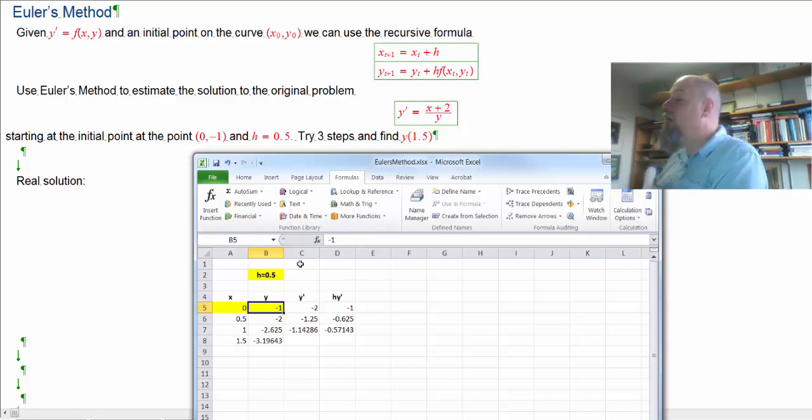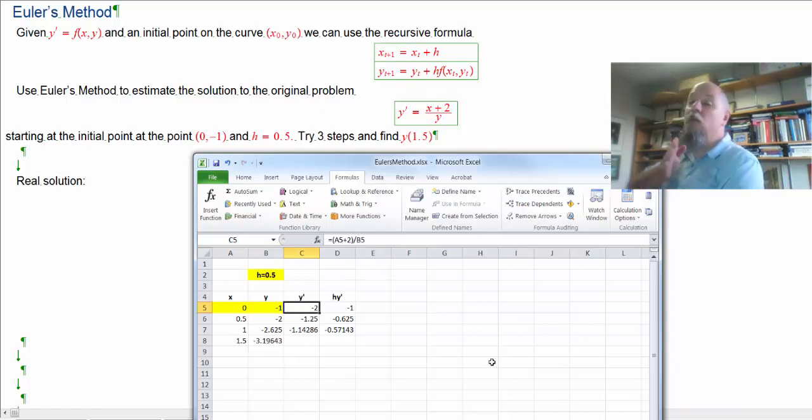The first y value is given by the initial condition. So now with the yellow, that's the given values. I calculate the tangent slope at the point 0, minus 1. Essentially, I'm plugging in 0, minus 1 into the slope formula, into the differential equation, and I see that the tangent slope at that point is minus 2.